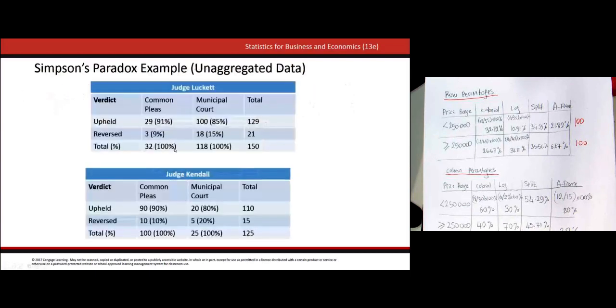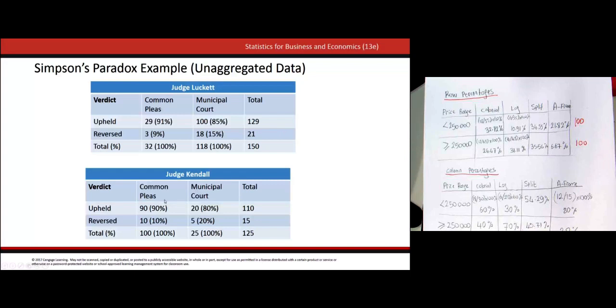But now if we look at the unaggregated data, here we also see the type of court. 85% of Lockett's cases were upheld in the municipal court versus 80% for Kendall. And here, 91% were upheld for Judge Lockett in the common pleas court, and Judge Kendall 90% upheld.